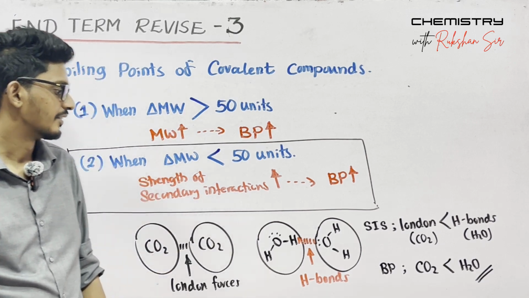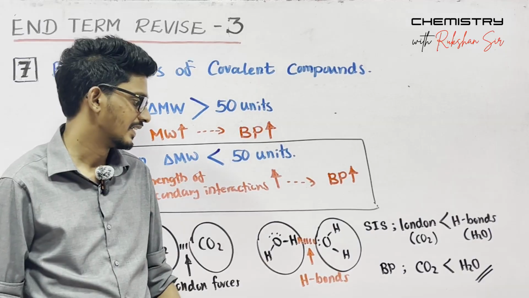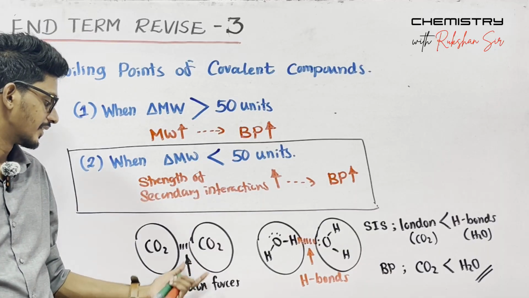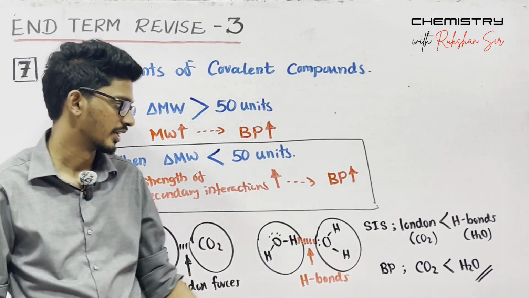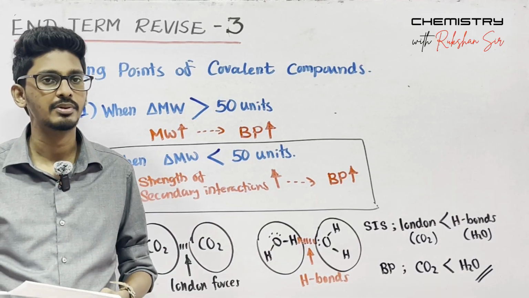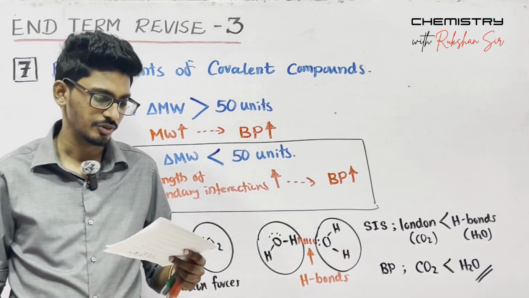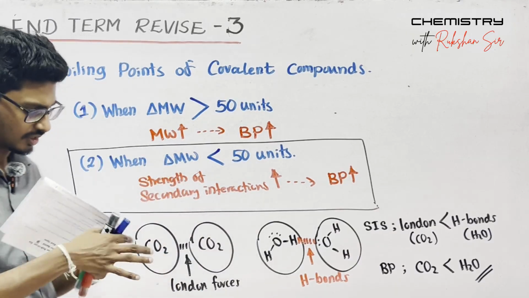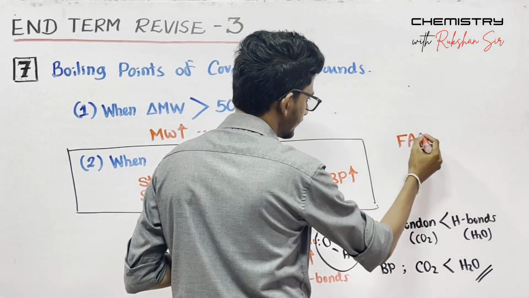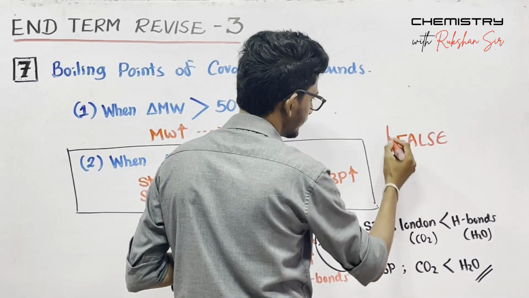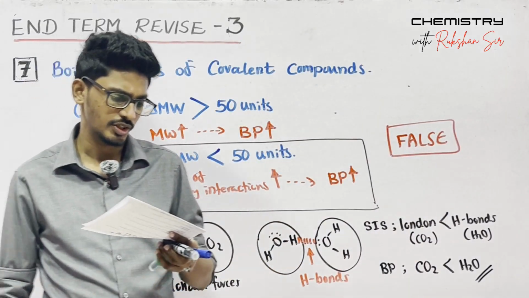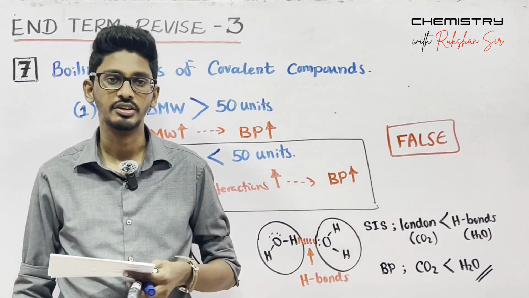As H2O is with hydrogen bonds, it is with a stronger secondary interaction strength than the CO2, which is with London forces, so that the boiling point of H2O is greater than the CO2, right? The statement is false because of the second part. Okay, the statement is false. Right? That is a review for your statement number 7.